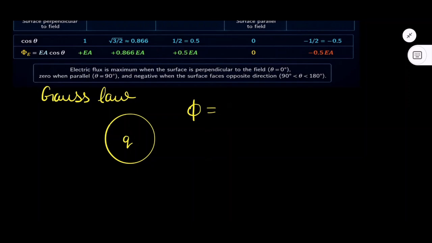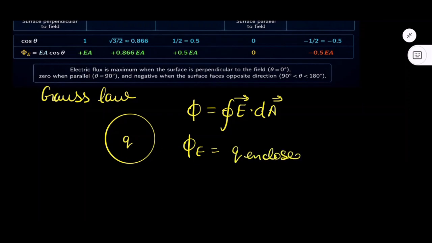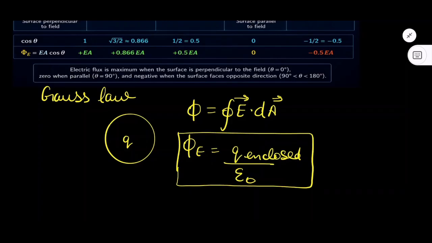So instead of applying this integral E dot dA which we have seen for continuous objects, over the closed surface, the symbol is specifically for closed surfaces. Instead of doing the calculation of the integral, we can directly say that the electric flux through the closed surface will be 1 by epsilon naught times the charge enclosed by the surface. So we can directly write it like this.